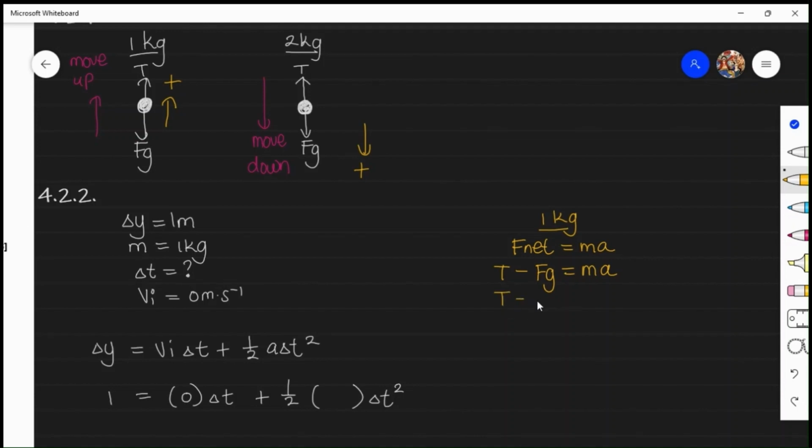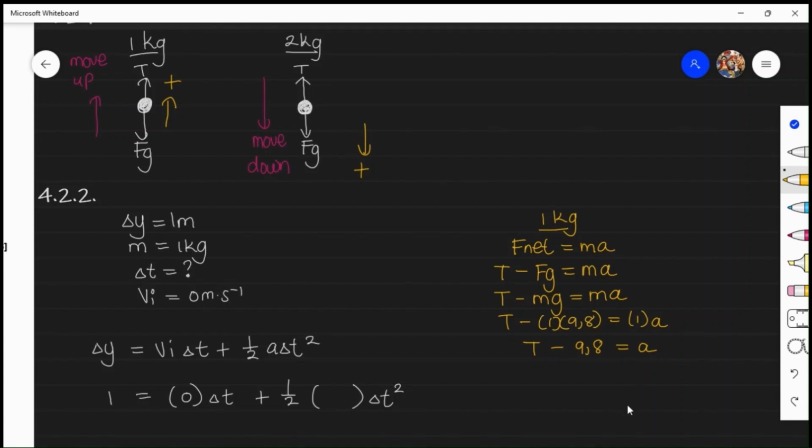I can further break up my Fg force into the mass times the gravitational acceleration, and that is equal to ma. From this point, I can start to substitute. So that's going to be T minus 1 times 9,8 equals 1a. That can then be simplified into T minus 9,8 equals a.